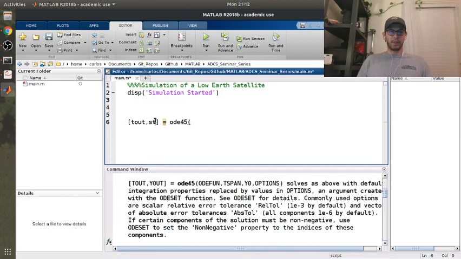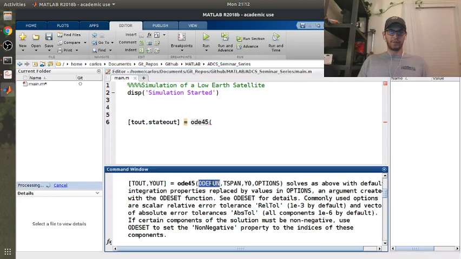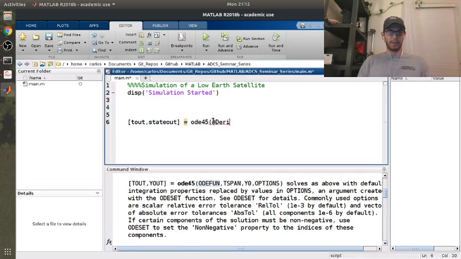The outputs are the time vector and the state vector. ode45 is a function. You need to give it the derivatives function, so I'm going to call it satellite. You need to tell it how long you want to simulate for, so I'll give it t-span. You need to give it the initial conditions, and I'm going to say no options. Okay, so let's comment this.